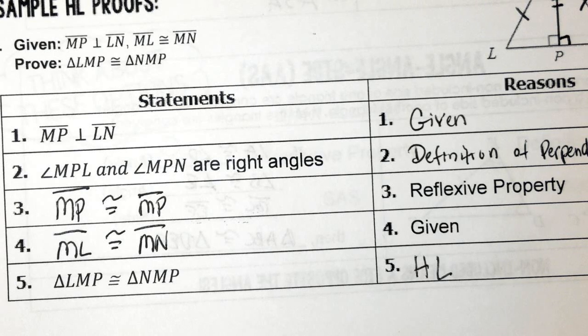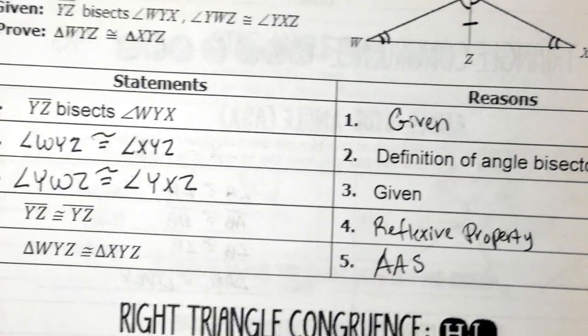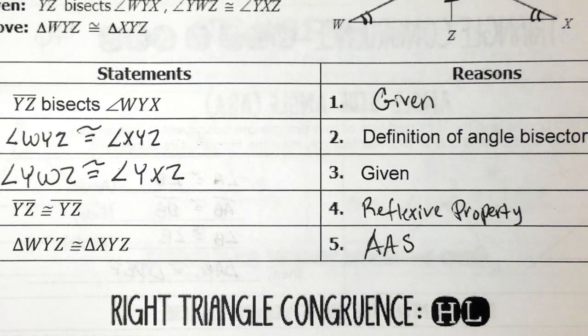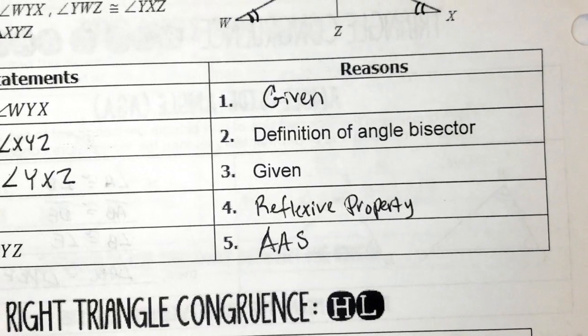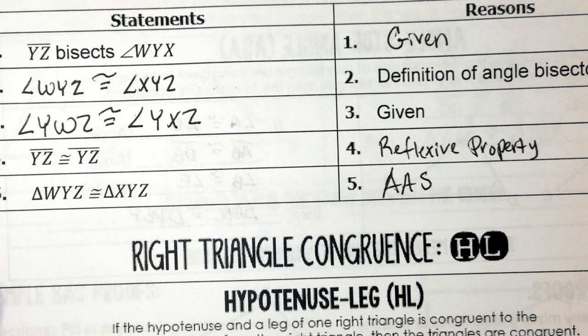So in my mind, I know somewhere in my proof I'm going to have to mention that definition of perpendicular lines, just based off them mentioning that. In the last proof, they started out by saying YZ bisects an angle. I know at least one time in that proof I'm going to have to mention the definition of an angle bisector. Just because they told me an angle got bisected, I'm going to have to mention that.